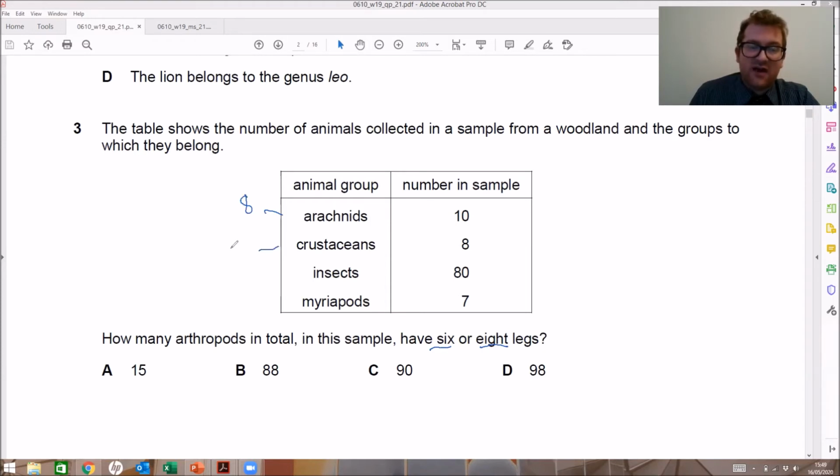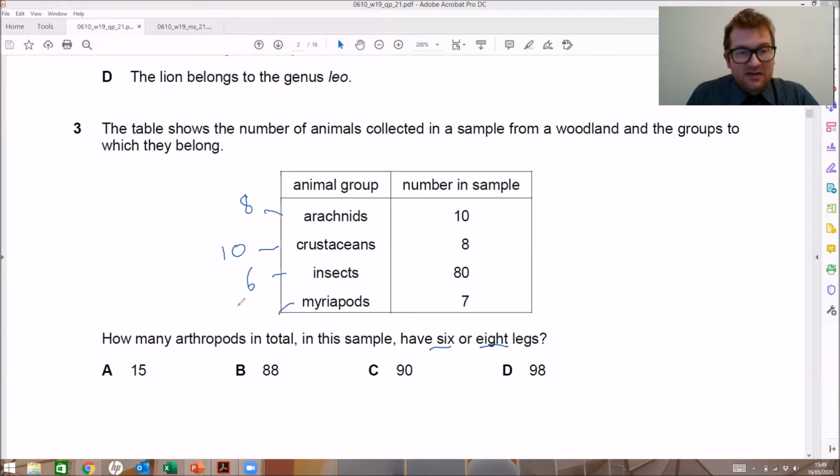Crustaceans have 10 legs. They normally have 5 pairs, but their front pair can sometimes be made into pincers like in crabs. Insects have 6 legs in total or 3 pairs, and the myriapods have anywhere from 5 pairs and up. Some myriapods can have up to 750 legs in total from their segmented body.